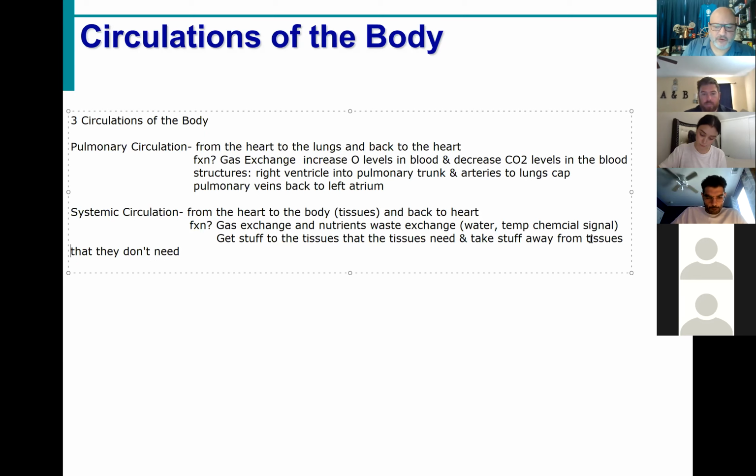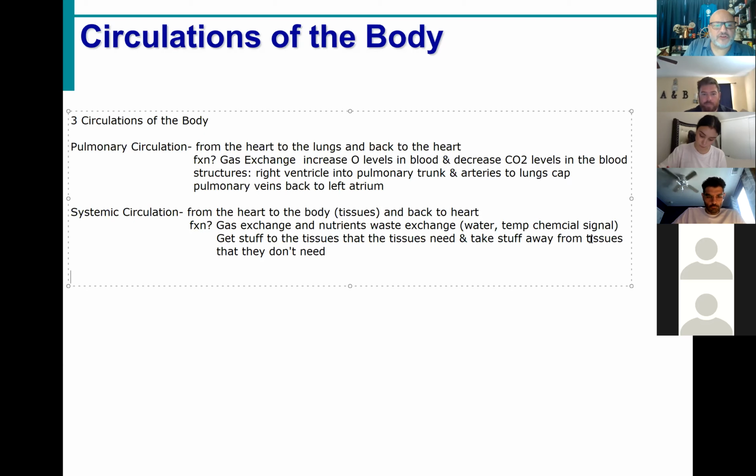It's a pretty general definition, but not a bad one. Serves our purposes. Excellent. What are the structures involved?